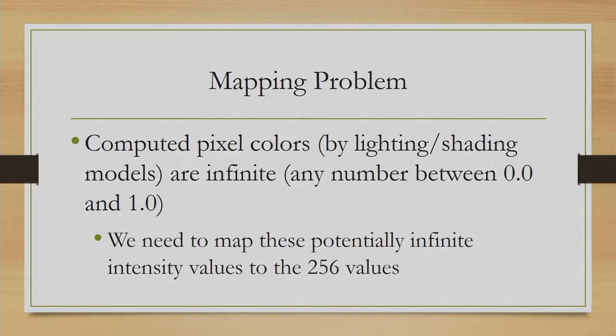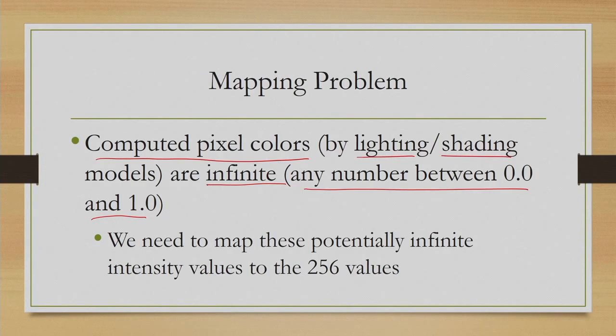On the other hand, when we are computing the pixel colors, there is no such restriction. We can compute any value, any number between 0 to 1. So, that is essentially an infinite range of values. Note that this computation takes place with the help of lighting or shading models.